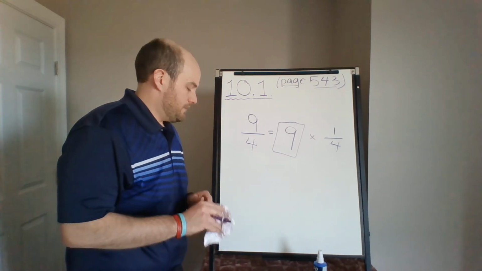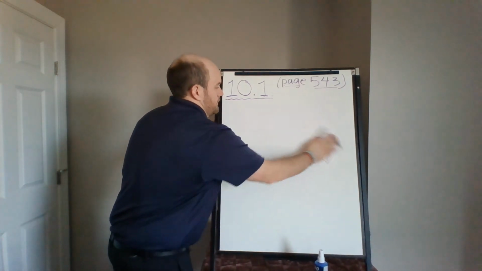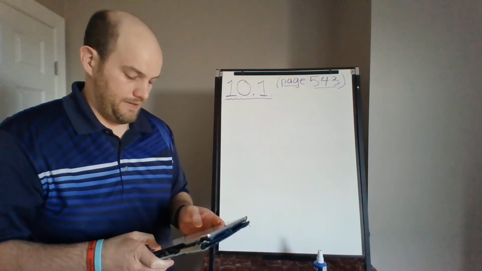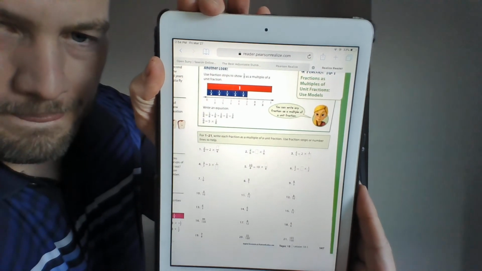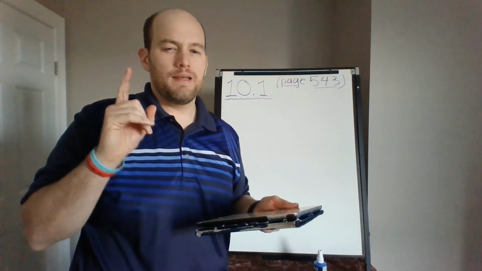So tomorrow, what is it going to look like? Tomorrow you're going to have a sheet that looks something like this on page 547. Whoa, that's a lot of problems, Mr. McQueen. Is it though?